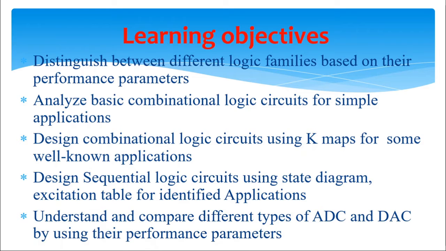Then design combinational logic circuits using K-maps for some well-known applications. We will also study design of sequential logic circuits using state diagram and excitation table for identified applications. And you will understand and compare different types of ADCs and DACs using their performance parameters.